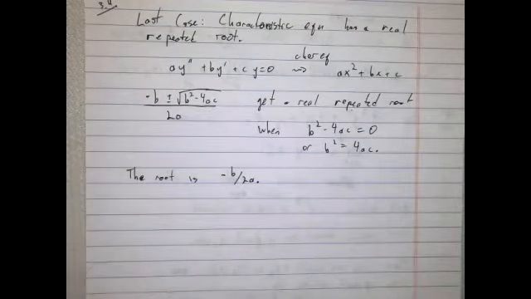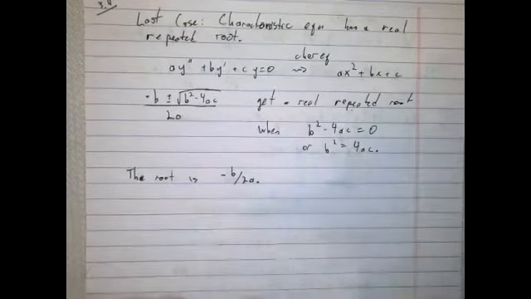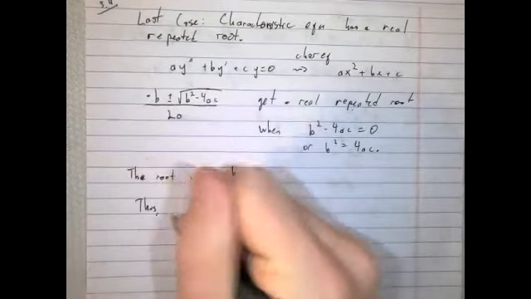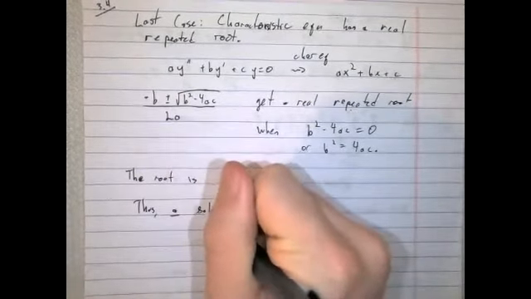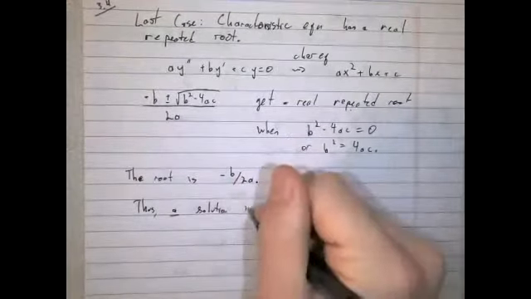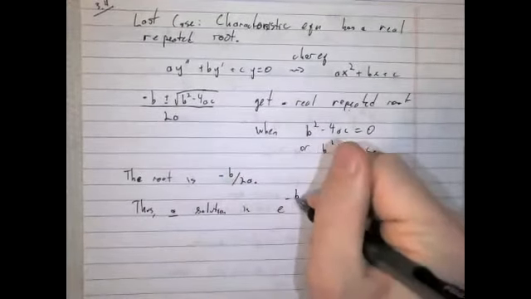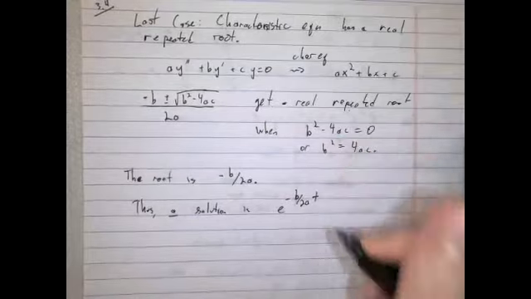Okay, so what do we immediately get from finding one of the roots of our polynomial? Whenever I get a root, I can make a solution, right? Thus, a solution is e to the negative b over 2a times t.